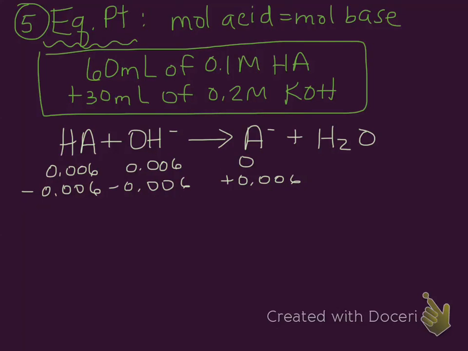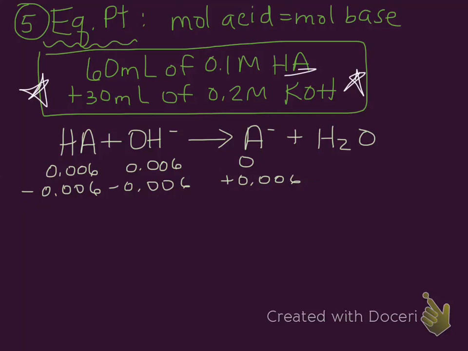So if we remember, moles of acid equal moles of base. That's the purpose of any titration at the equivalence point, right? So that we can use the value of one known to determine an unknown. And so we determined at the beginning that it takes 30 mL of the 0.2 molar KOH to titrate against the 60 mL of 0.1 molar propanoic acid.